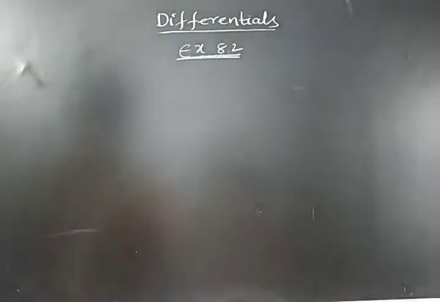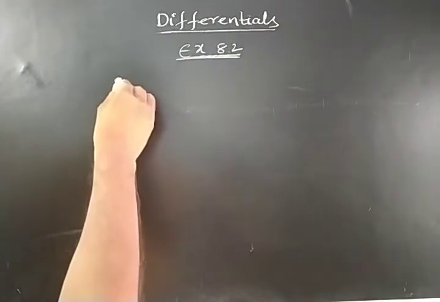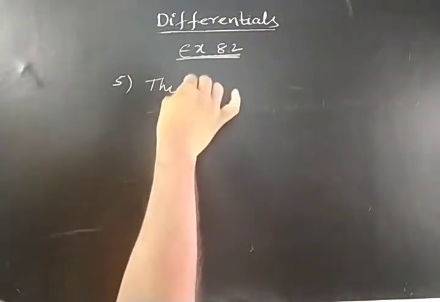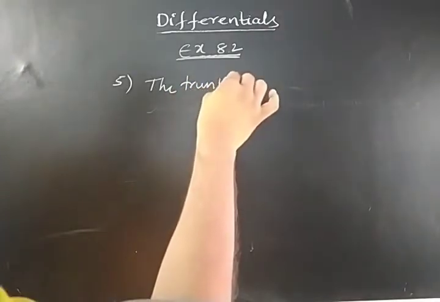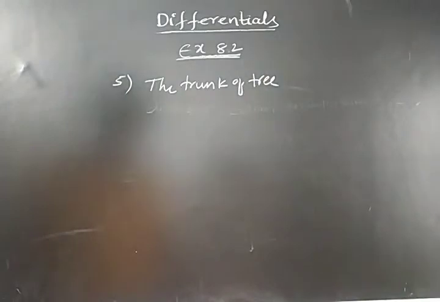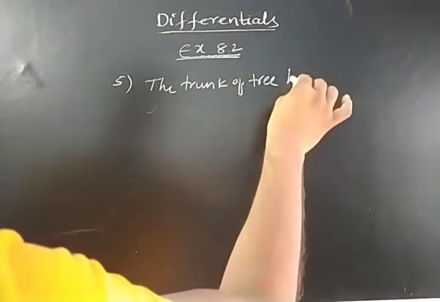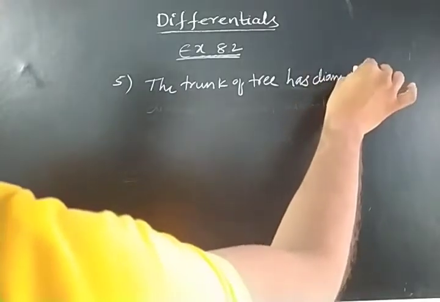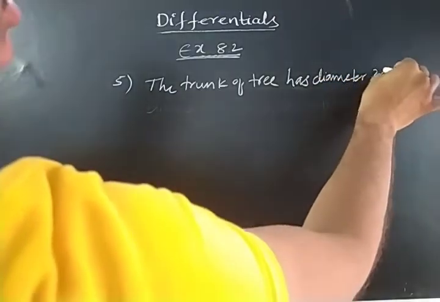Now the fifth problem. Problem number 5. The trunk of a tree has diameter 30 centimeters.